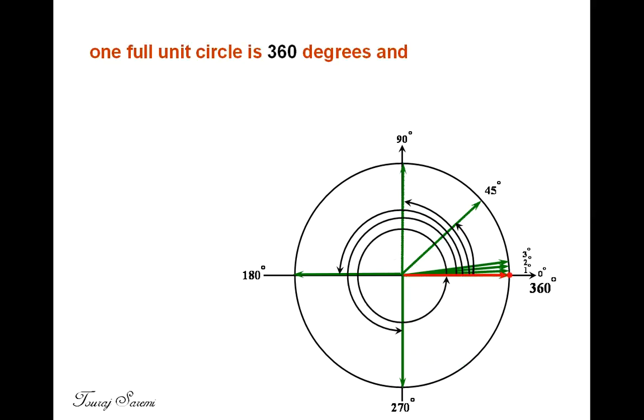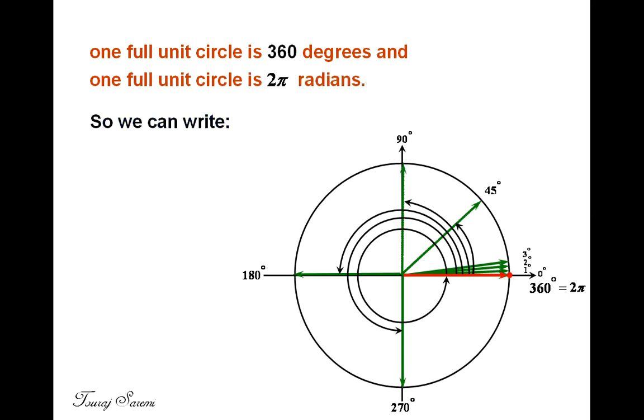One full unit circle is 360 degrees and 1 full unit circle is 2 pi radians. So we can write: by means of this relation, it is possible to convert these two units into each other.